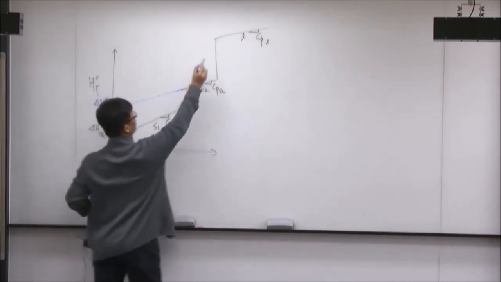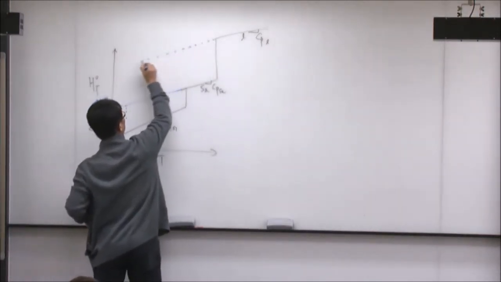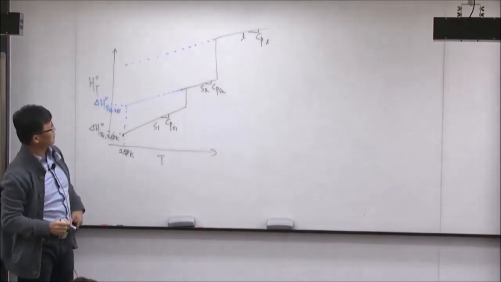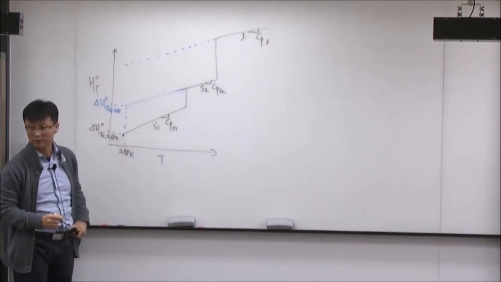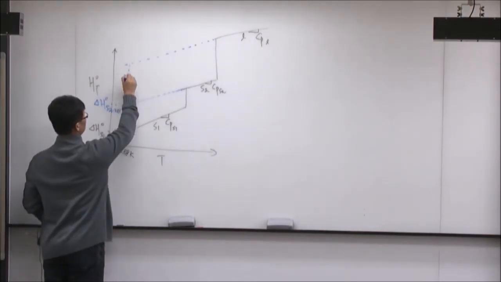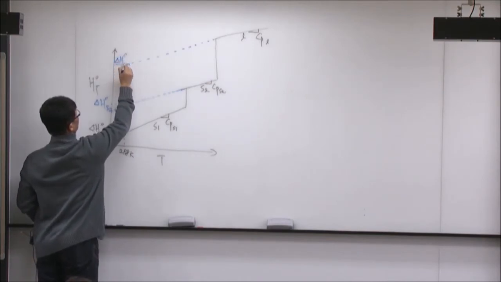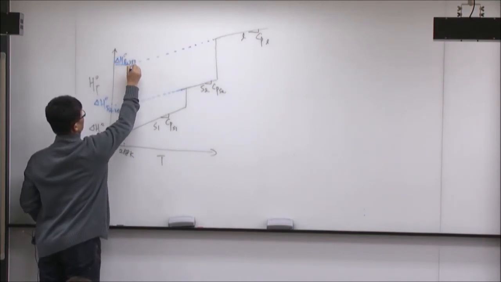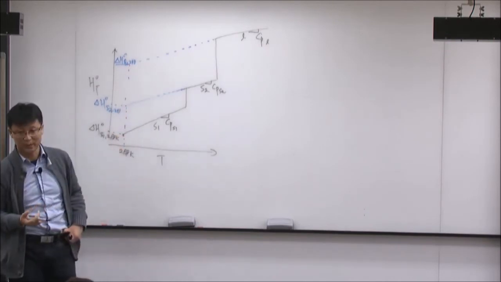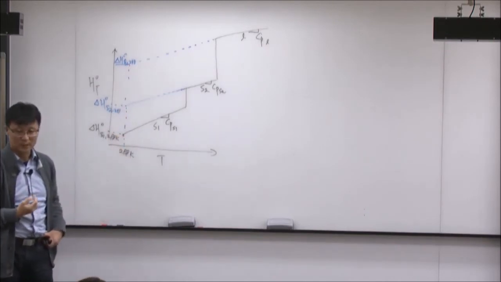In the same way, this is very difficult, but we can still make an estimation for the liquid phase too. So this value here is delta H of the liquid phase at 298 Kelvin, the standard enthalpy of formation of liquid at 298 Kelvin.